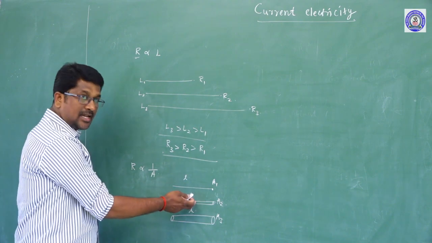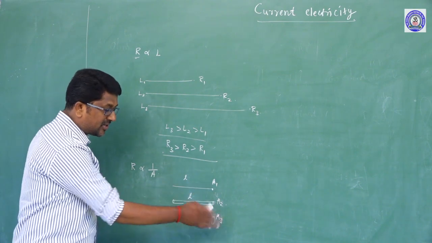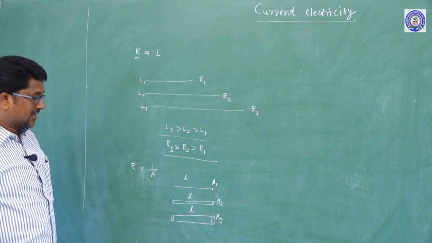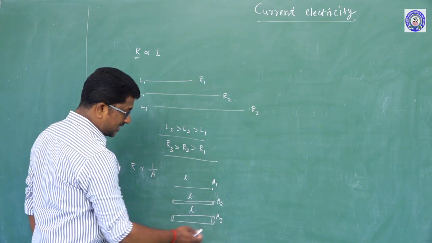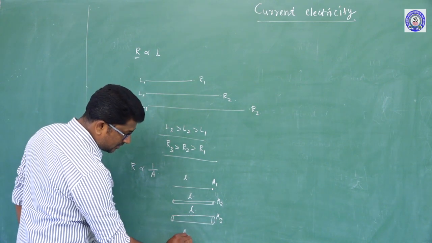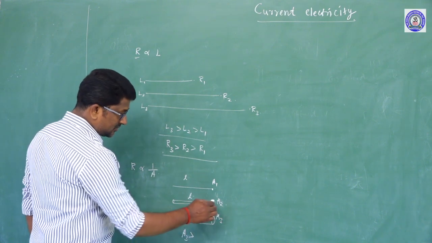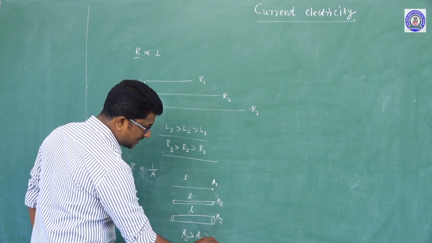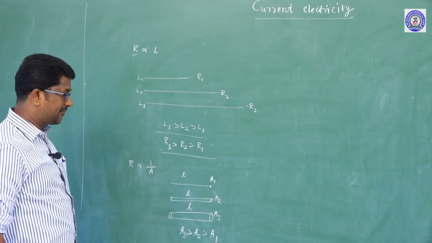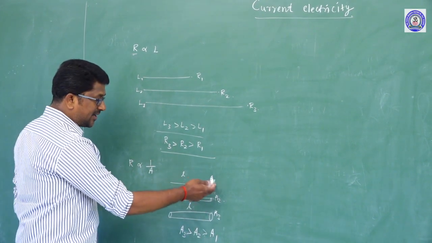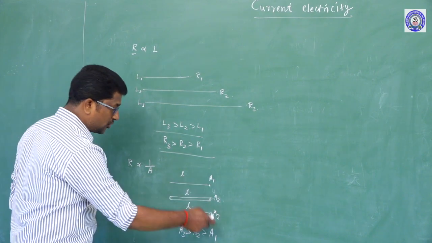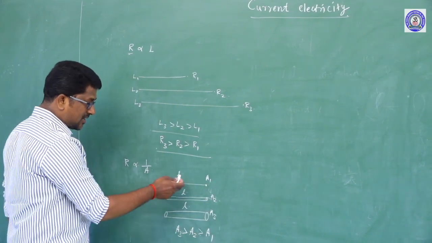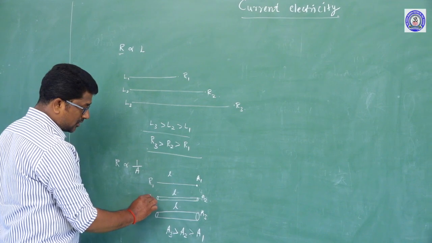So, same material, same length, but different areas of cross section, right. Here the area of cross section of the third wire is greater than the second wire, and the area of cross section of the second wire is greater than the first wire, right. So, length the same, but area of cross section different. Due to this change in area of cross section, the resistance of the wire also changes.